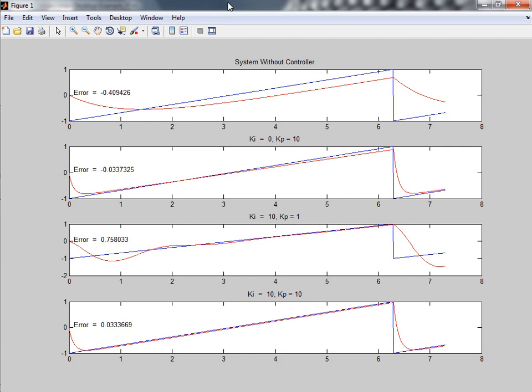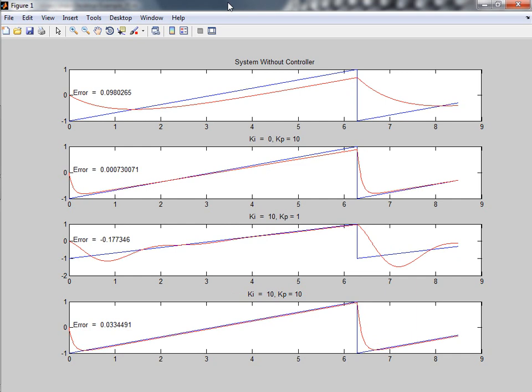Okay, look, I have a sawtooth input. It is a ramp input again reset to the ramp input. When you look at the open loop system, the uncontrolled system, look, huge steady state error I have, and look how much time it takes to reach the input.